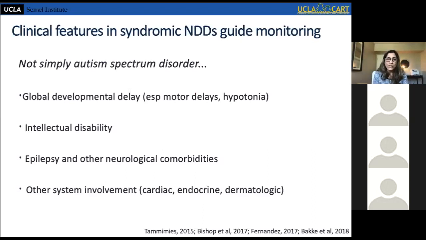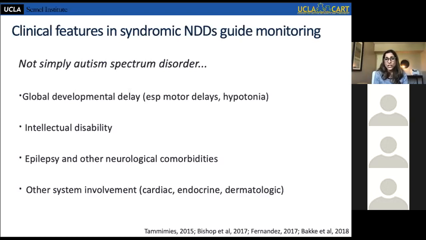They're more likely to have global developmental delay, and I'll show you examples of this in some data moving forward, especially in the motor domain. They're more likely to have intellectual disability, often quite severe. They're much more likely to have neurological comorbidities such as epilepsy. For example, and I'm going to show you data on both of these syndromes, Duke-Patine-Q syndrome and tuberous sclerosis, more than 50% of patients with those conditions have epilepsy.